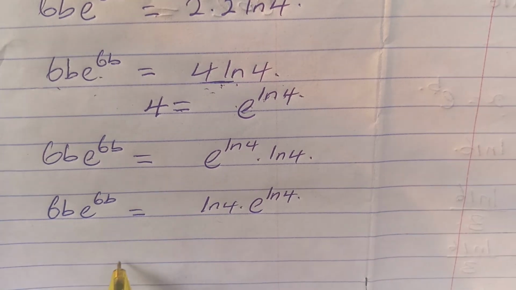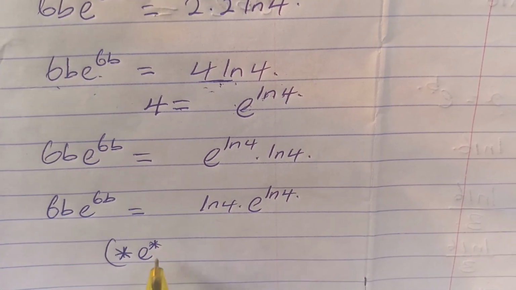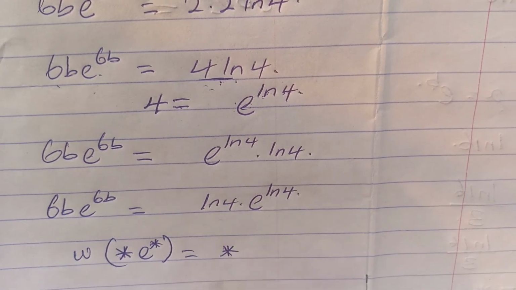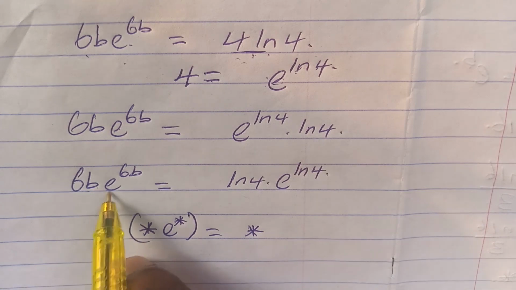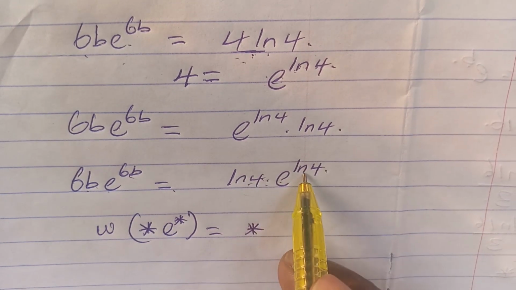Recall, the Lambert W function says if we have star exponential star, and we take the Lambert W function of it, it is equal to star. So we have 6b exponential 6b equals ln 4 exponential ln 4.